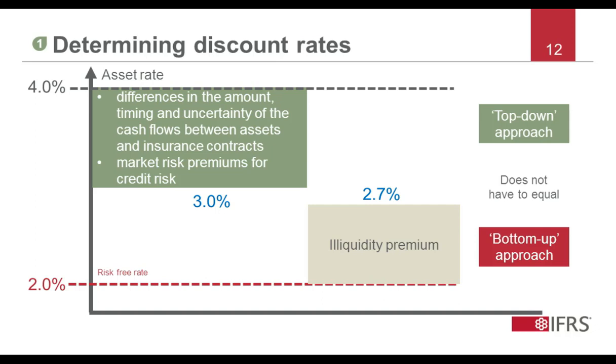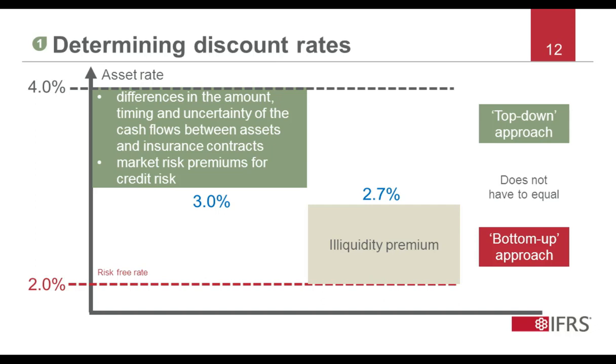The second approach is called the top-down approach. The starting point is different. It uses a different asset rate instead of a risk-free liquid bond. The entity could still meet the objective of the IFRS 17 discount rate so long as the resulting discount rate would reflect the characteristics of the liability, and this is done by appropriately adjusting that asset rate.